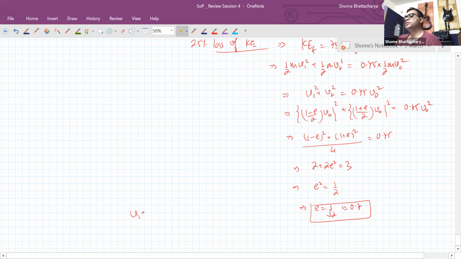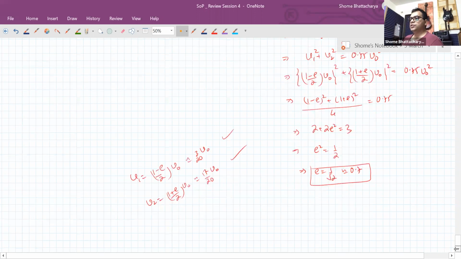And from that we can see that v1 is (1 minus e) by 2 v0, and v2 is (1 plus e) by 2 v0, and the coefficient of restitution is about 0.7. So that's one approach for doing this question.